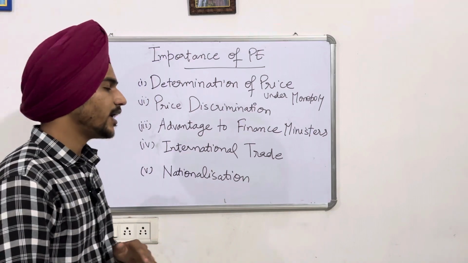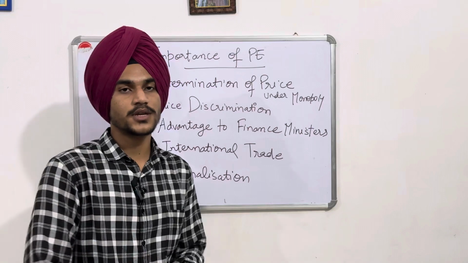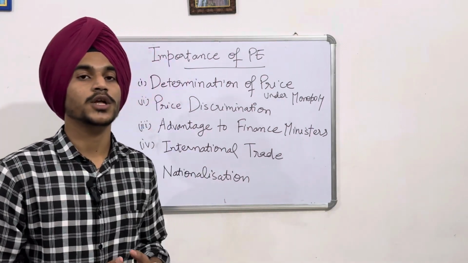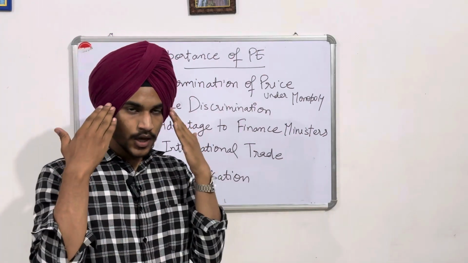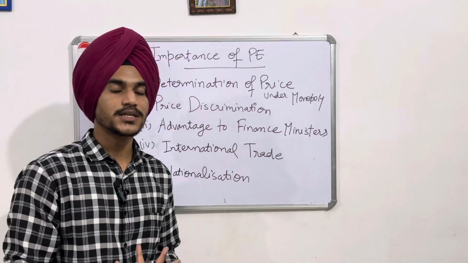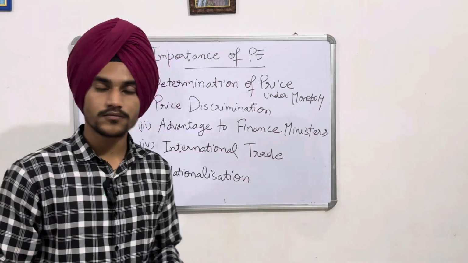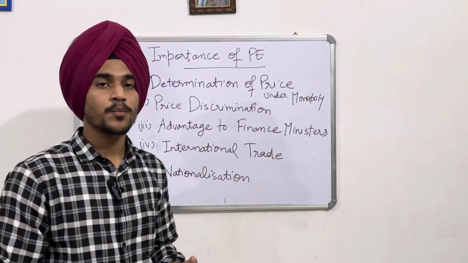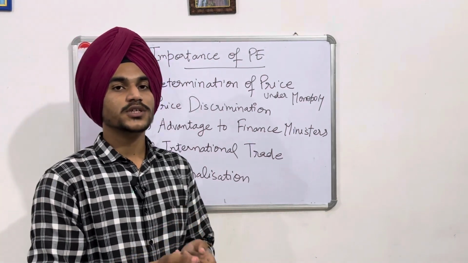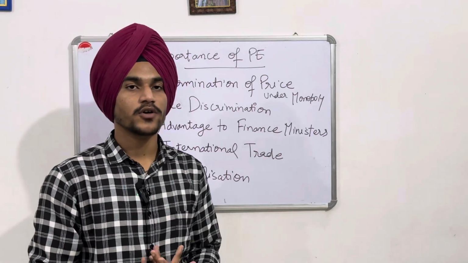The third one is advantage to the finance minister. Let's assume you are the finance minister. You want to levy tax on different kinds of products. What you have to do is keep in your mind the price elasticity of different products. If the price elasticity of any product is elastic, then you cannot levy more tax on that product, because people will stop using that commodity, or people will decrease their demand for that product.